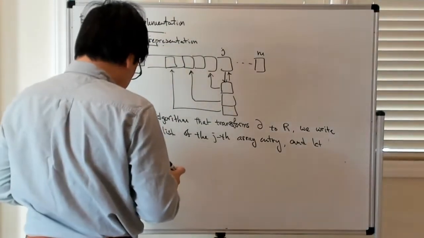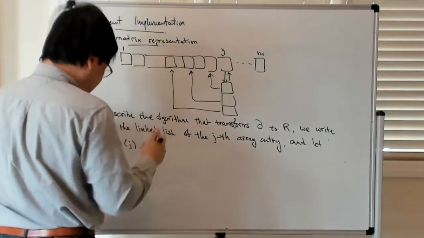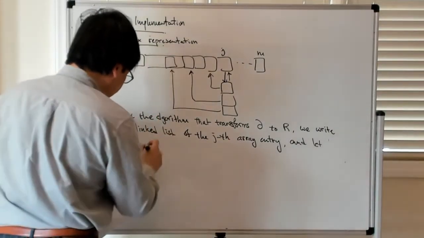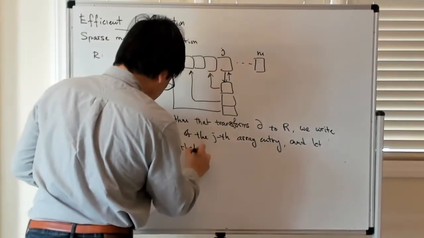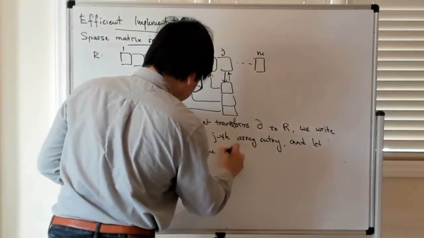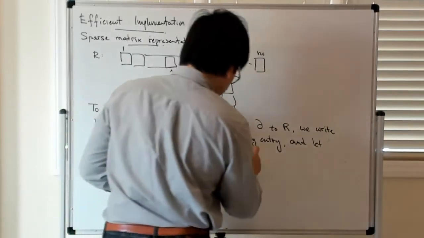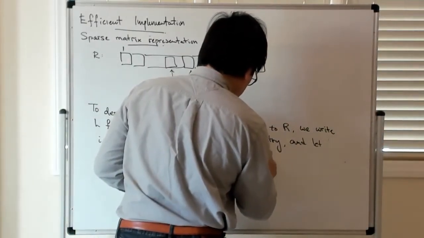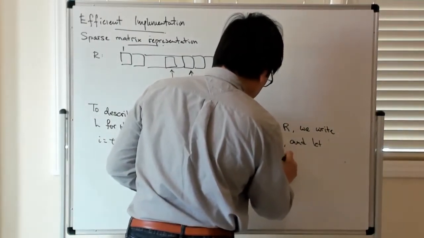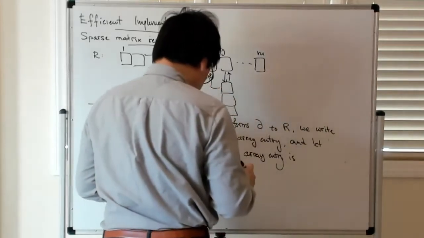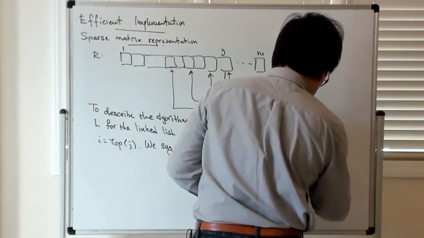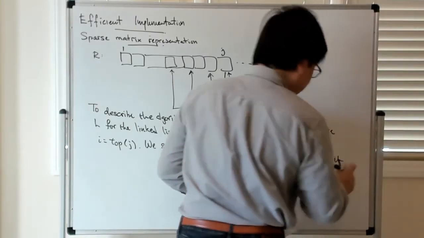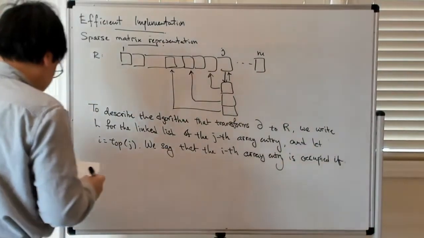Okay. And then of course we say that the ith array entry is occupied if there's a non-empty list there, and otherwise it's unoccupied.